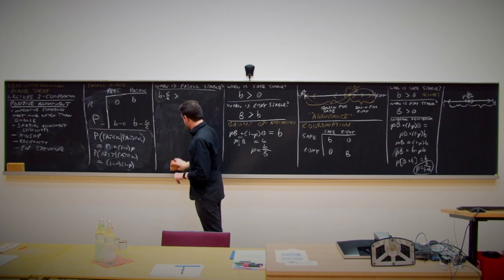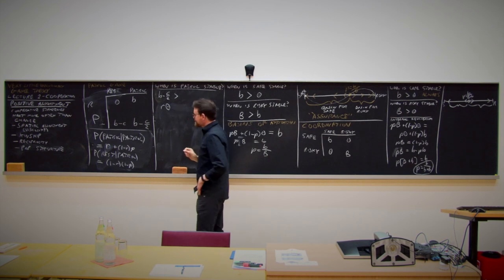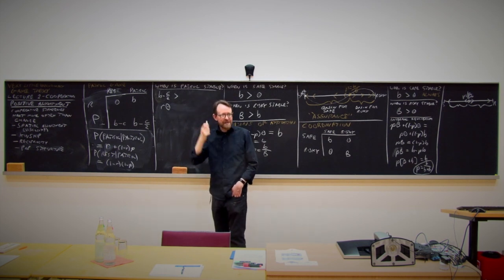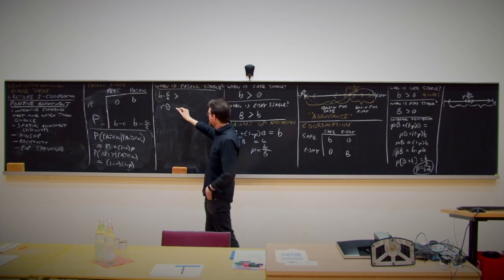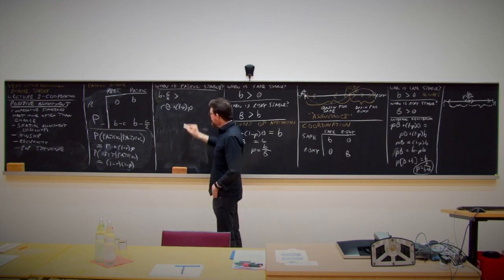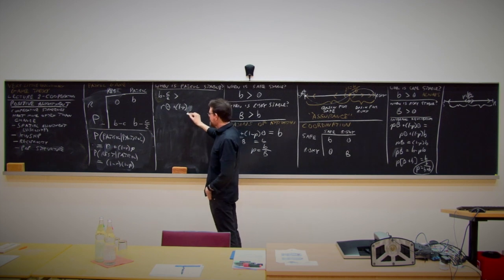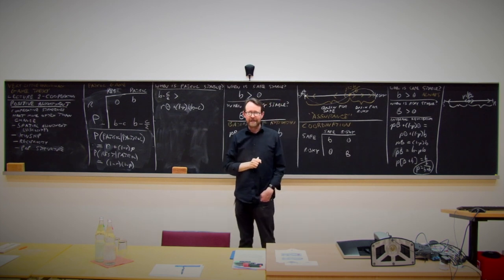So we end up with the invading fitness of a rare rest is r times 0, and yes, that's going to cancel, but you want to think through the logic of it, because the 0 doesn't have to be there, plus 1 minus r, p, right, because assortment failed, now it meets a patrol, but p is approximately 1. So I can just get rid of that, yeah? And then you get the payoff, which is b minus c. Is that okay? We're going to do more of this, so hang on.